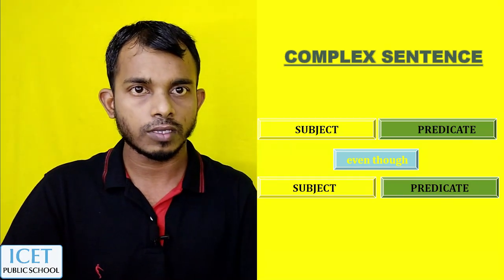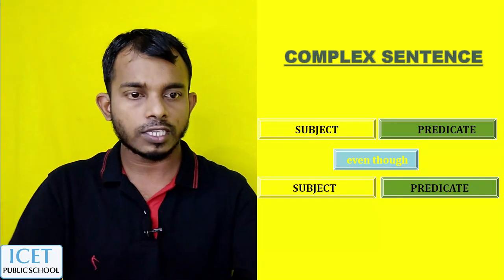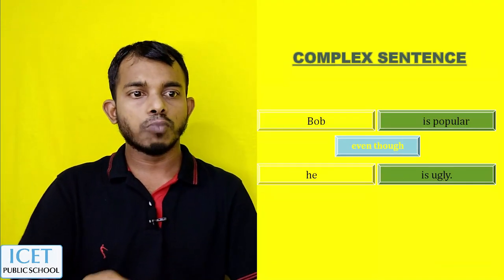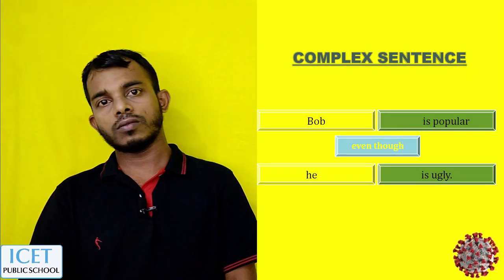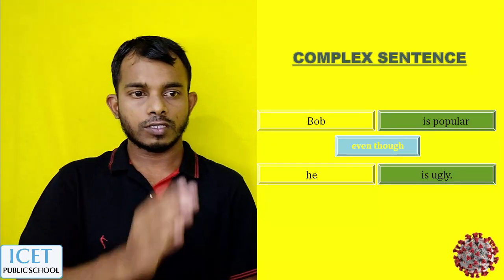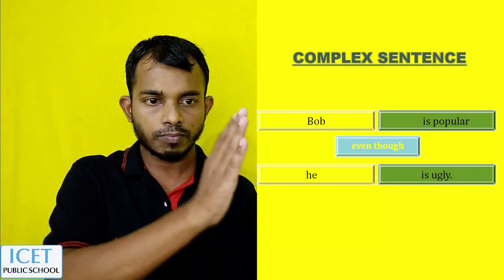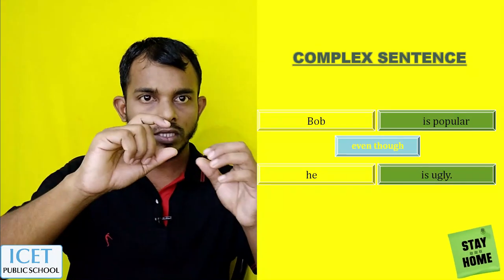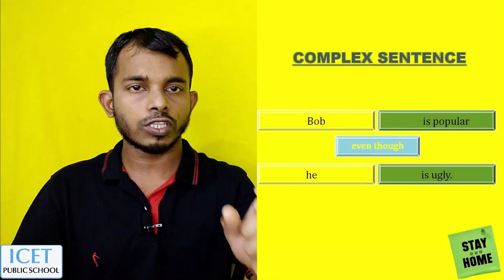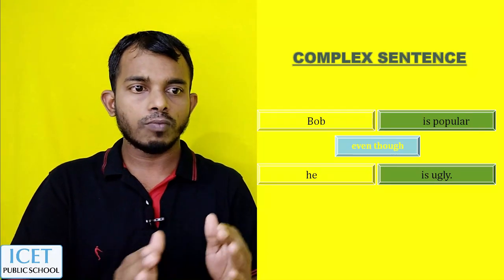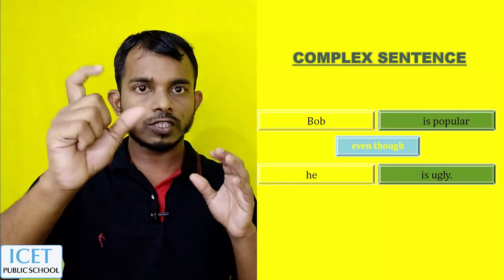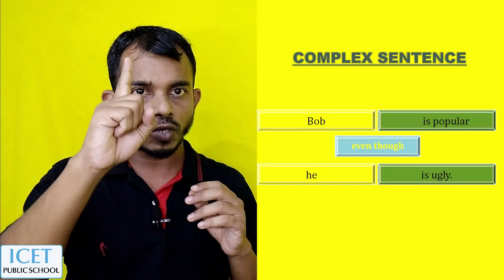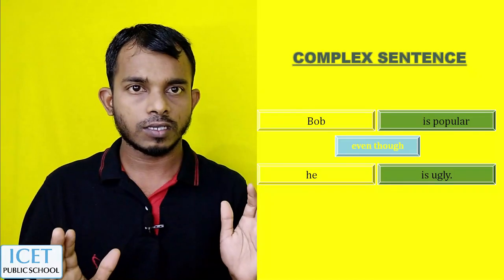One example I will tell you: Bob is popular even though he is ugly. Got it? Subject, predicate, and in between one subordinating conjunction, called "even though." Bob is popular even though he is ugly. So this is one sentence only, an example of one complex sentence.